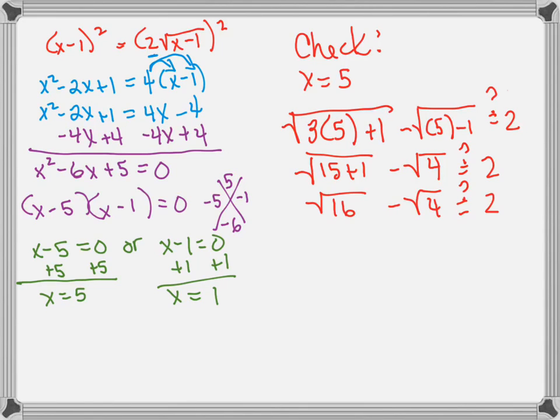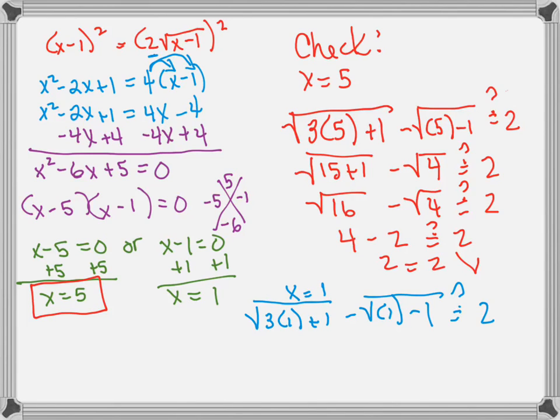The square root of 16 minus the square root of 4, does that equal 2? The square root of 16 will be 4, the square root of 4 will be 2. So 4 minus 2, does that equal 2? 2 does equal 2. So x equals 5 is the solution. Now let's check x equals 1.